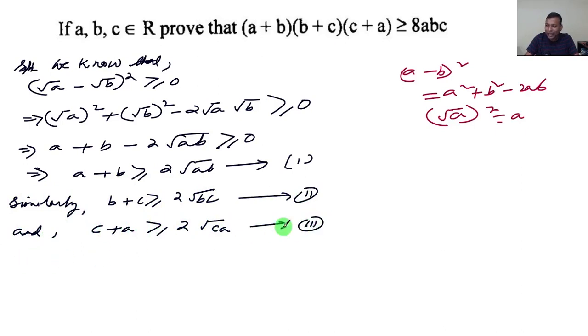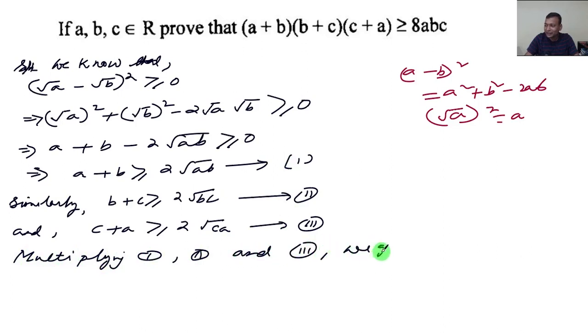Now on multiplying these three, applying 1, 2 and 3, what do we get? This is a plus b, this one is b plus c, this is c plus a.